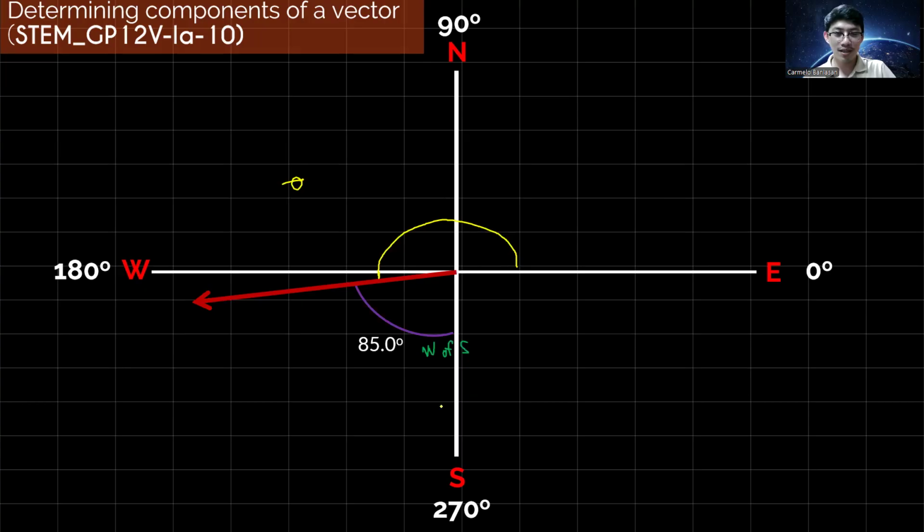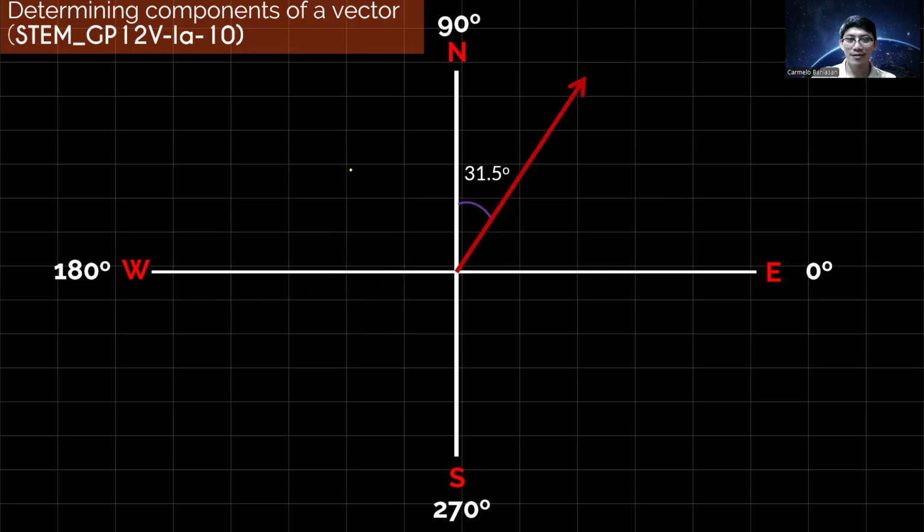We know 270 until here. Or this is, we know this is 5 degrees, right? 90 minus 85, that's 5. So automatically, that's just 180 plus 5. Okay? So just a little bit of geometry. So this must be 185 degrees. Is that clear?